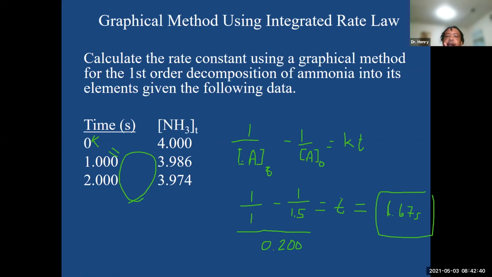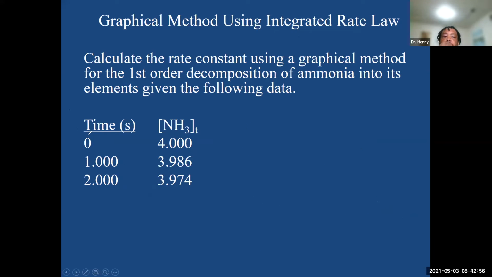Okay, now sometimes we have to do this graphically, right? If we look at our equation, we do it graphically to try to determine the rate law. There's a couple of ways that we could do it. Remember when we did our integrated rate law: to calculate the rate constant using the graphical method for a first order reaction decomposition.